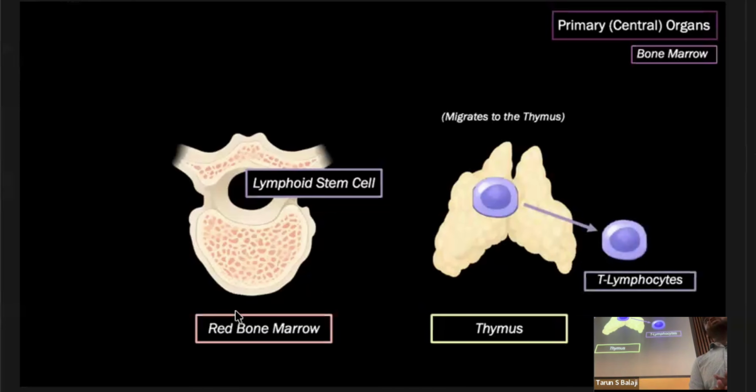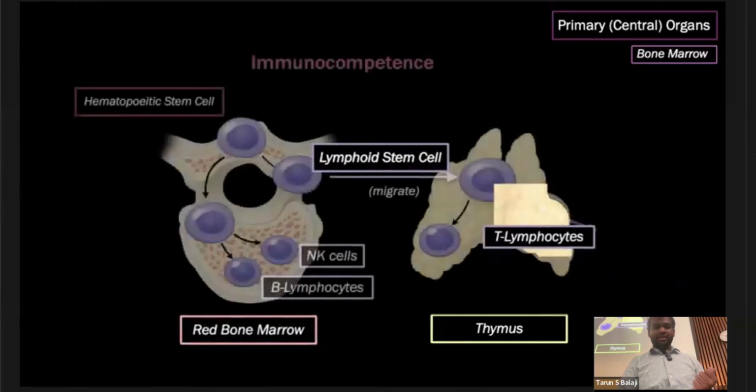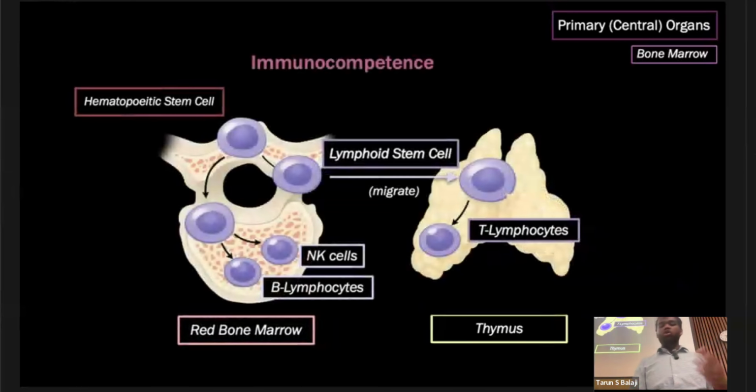They're traveling cells, T lymphocytes, and they attain maturation in the thymus. Wow, that makes sense. This whole process of how they attain maturation, we're calling immunocompetence.